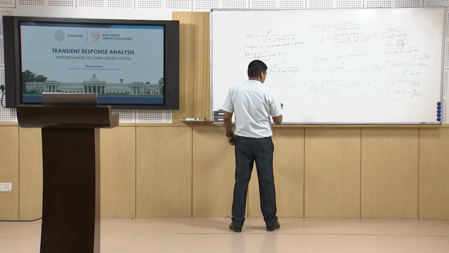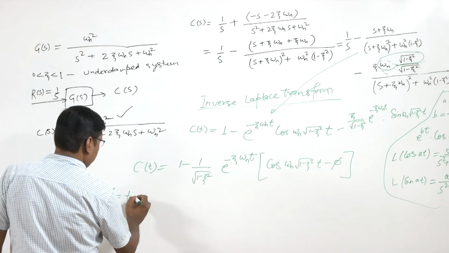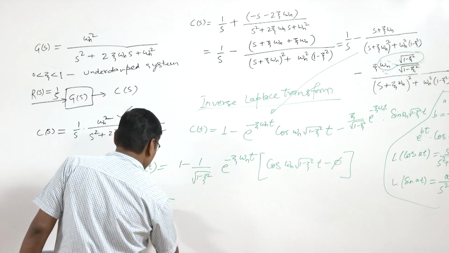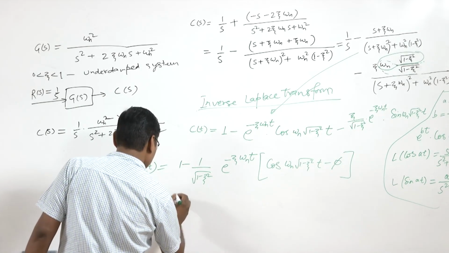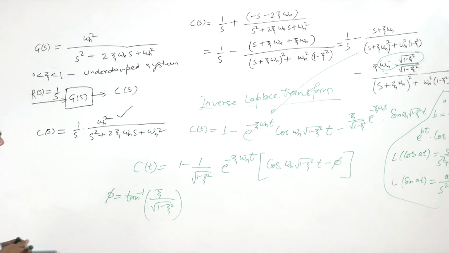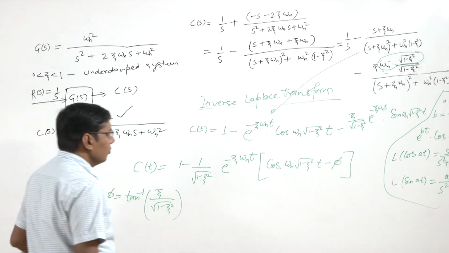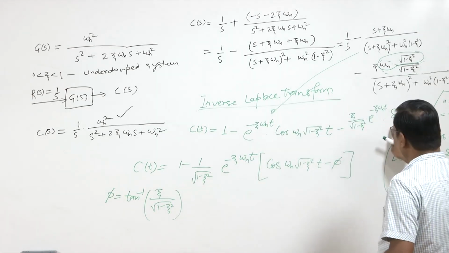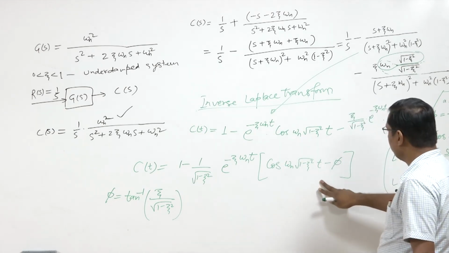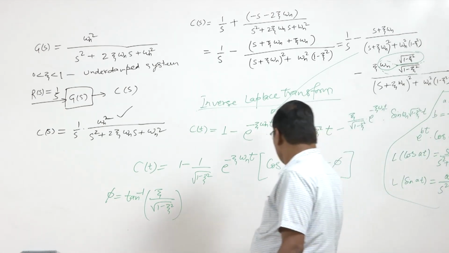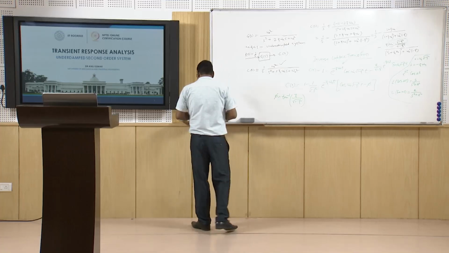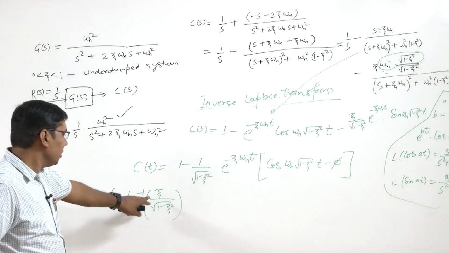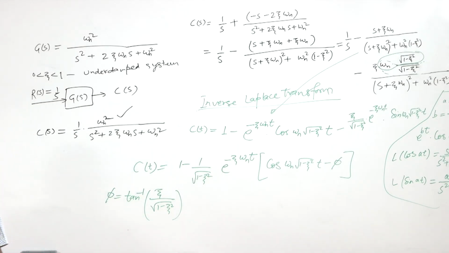Here phi is equal to tan inverse zeta upon root 1 minus zeta square. So here we have a cos theta plus b sin theta, and we have written it in this form cos theta minus phi, and phi is tan inverse zeta upon root 1 minus zeta square.